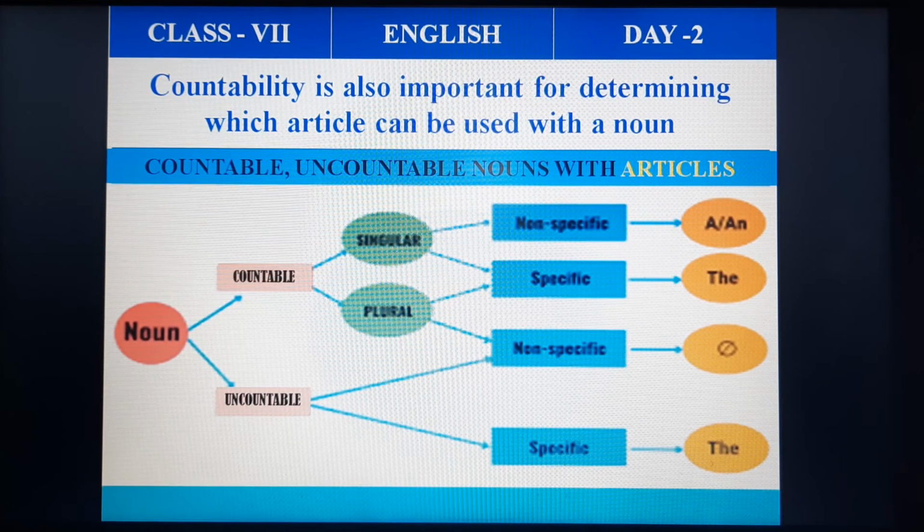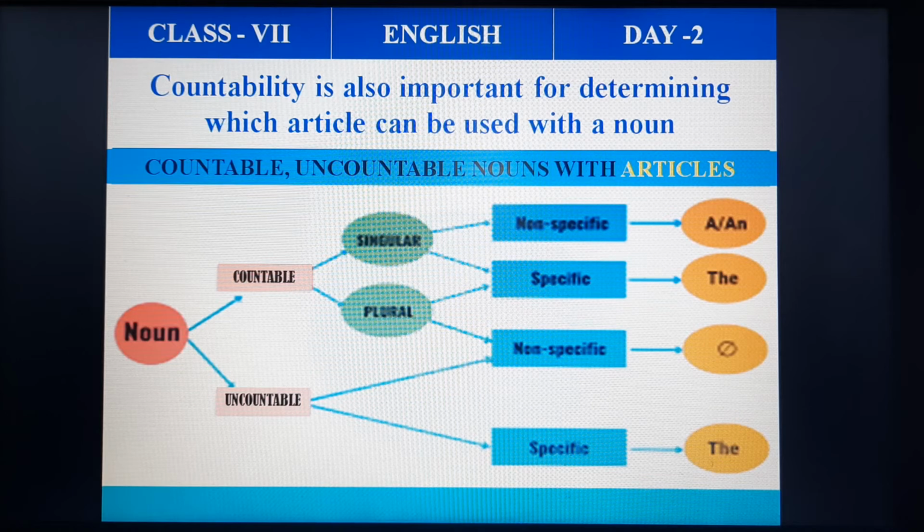The article a will come before the word which starts with a consonant, and the article an will come before the noun which starts with a vowel. And if the singular countable noun is specific, then we use the article the.